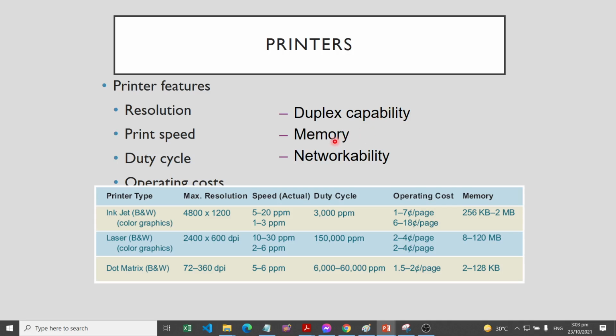Another feature is the memory. A computer sends data to be printed to the printer along with a set of instructions on how to print that data. Printer Command Language, or PCL, is the most widely used language for communication between computers and printers. But PostScript is an alternative printer language that many publishing professionals prefer.